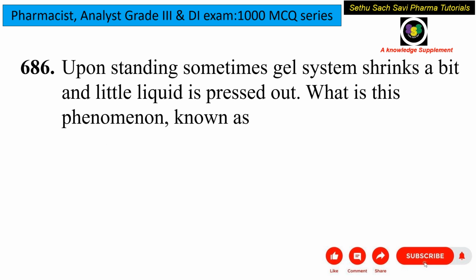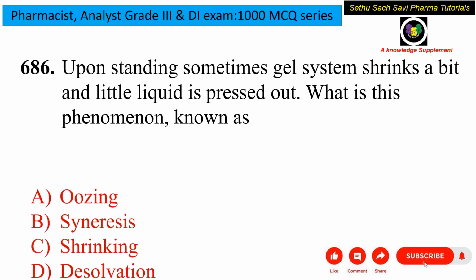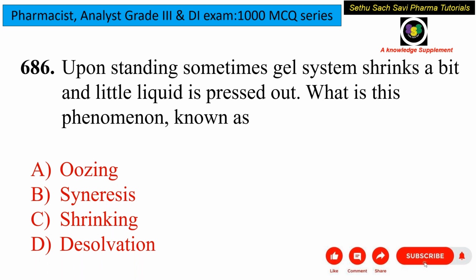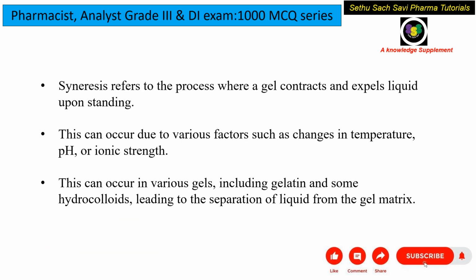Now, coming to the next question. Upon standing for some time, a gel system shrinks a bit and a little liquid is pressed out. What is this phenomenon called? Is it oozing, syneresis, shrinking or desolvation? Whenever liquid comes out from a gel system, it is known as syneresis.